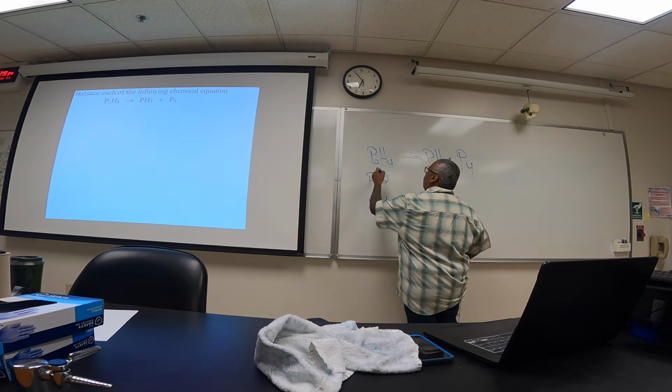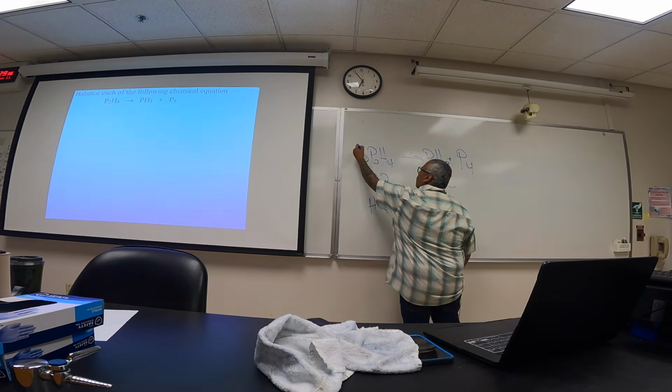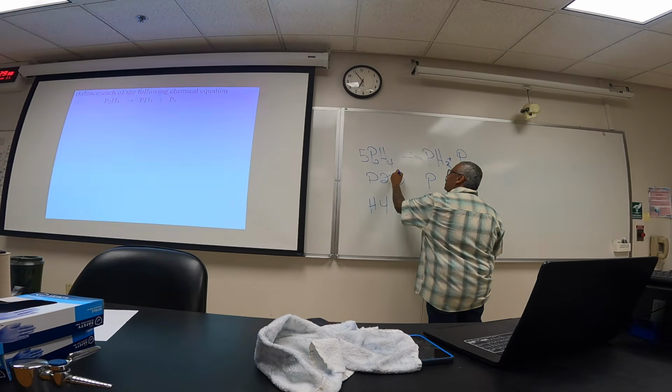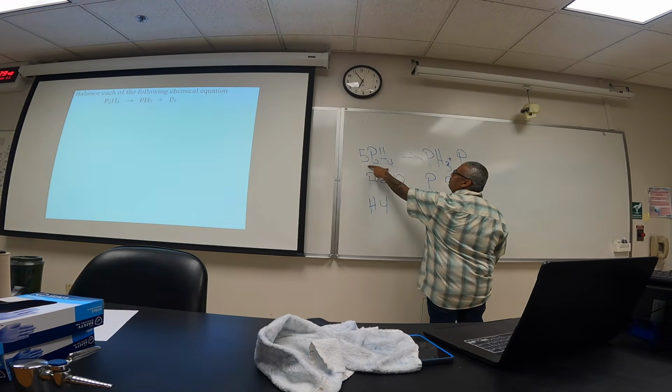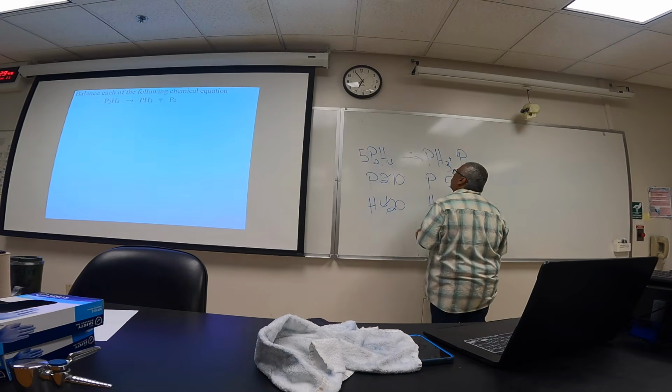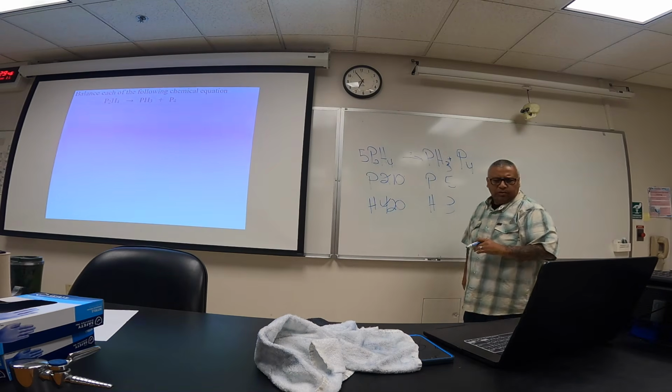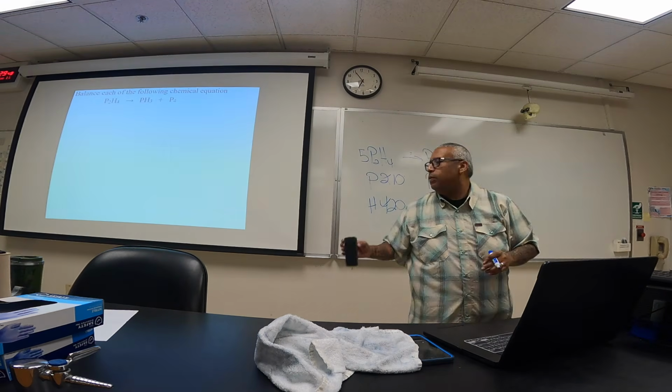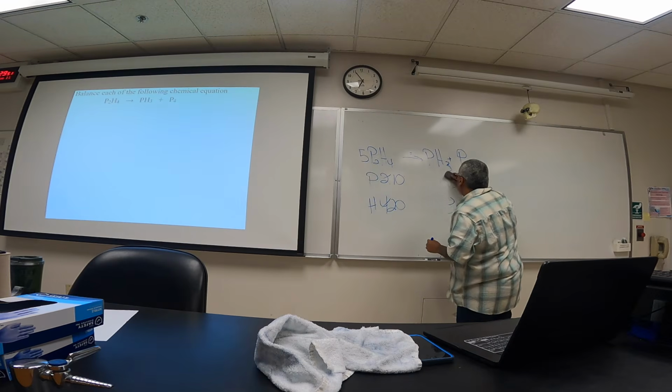So I'm going to put a 5 over here, and that's going to give me 10 here. And how much hydrogen does that give you? 20. And I'm probably going to have to scoot this over. This is going to take a few attempts here. I'm just going to scoot this over.